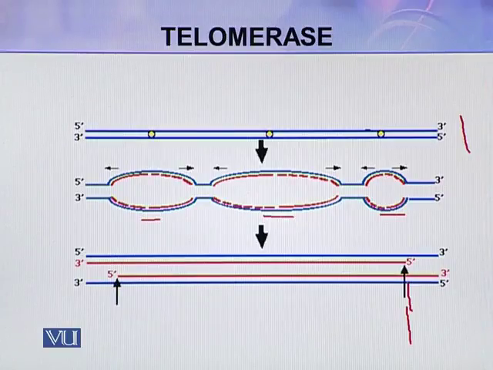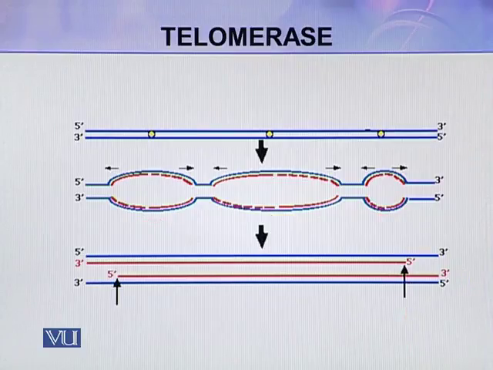Similarly, on the other molecule, the green one, which is the leading strand, is complete, and the other one, which is yellow, is incomplete. So in the case of linear chromosomes, at the completion of replication there will always remain some unreplicated ends.